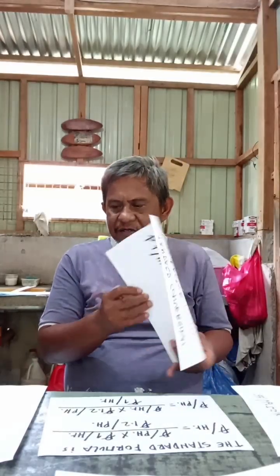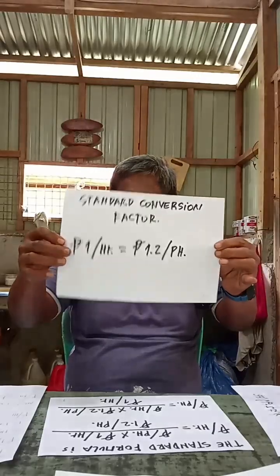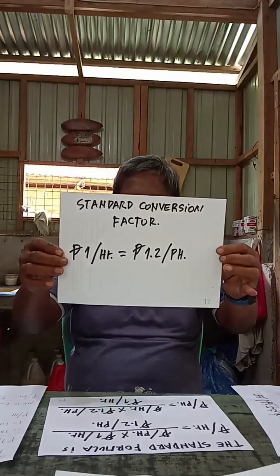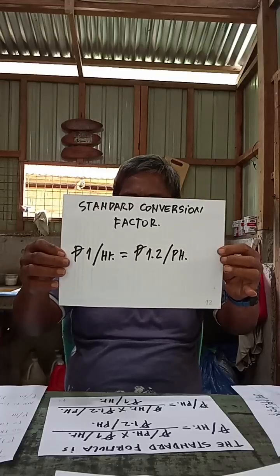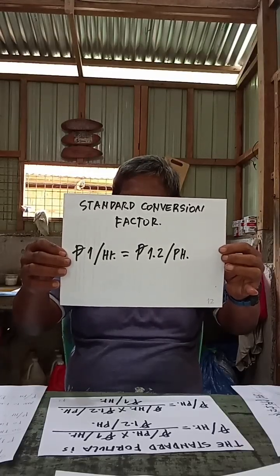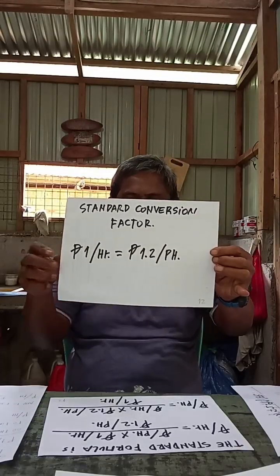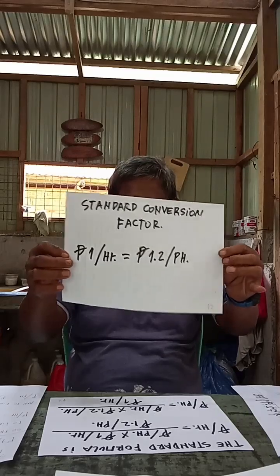So, we have now a new conversion factor. The standard conversion factor is 1 peso per hour is equal to 1.2 peso per peri hour.